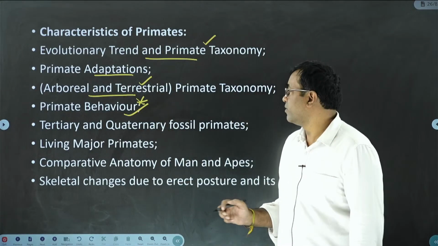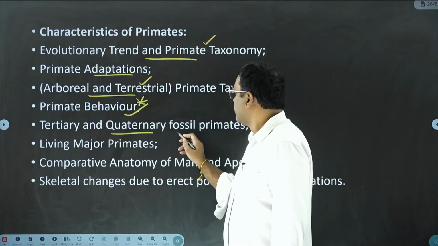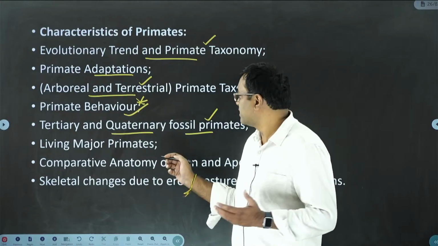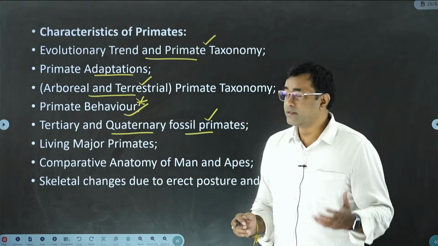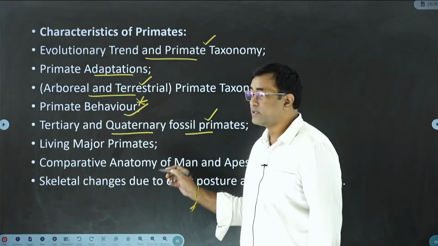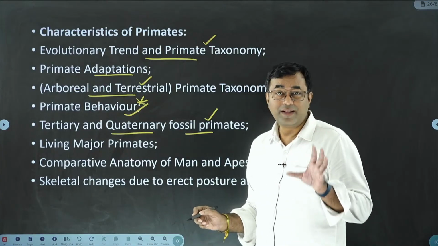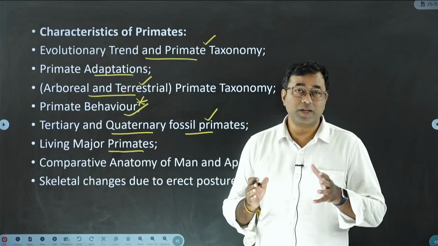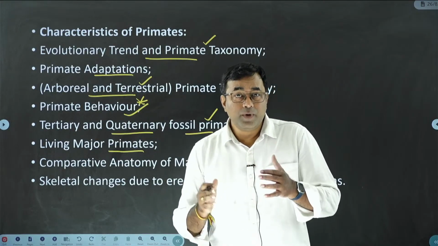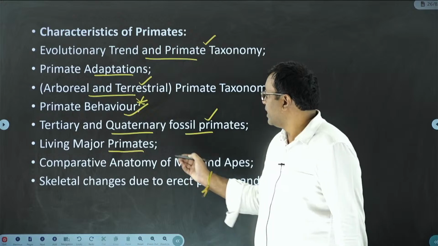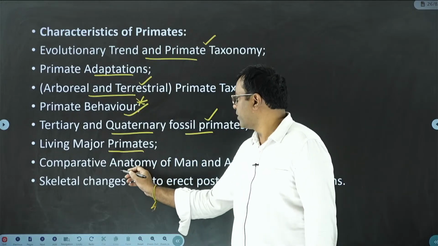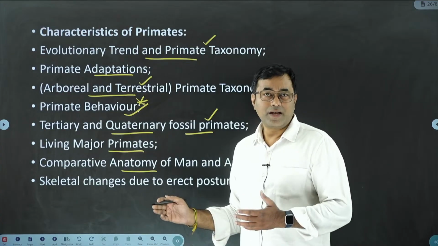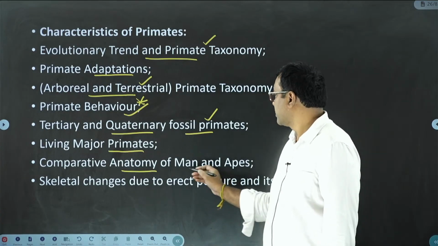Then primate behavior, and quaternary and tertiary fossil primates. Quaternary and tertiary are periods; what different types of primates lived in those periods? Living major primates means primates still available in the current context, such as the gorilla and chimpanzee.